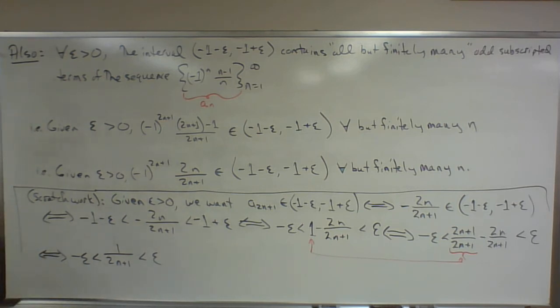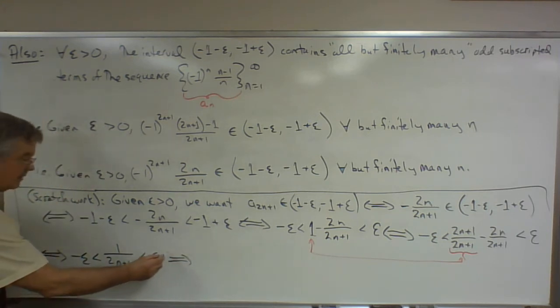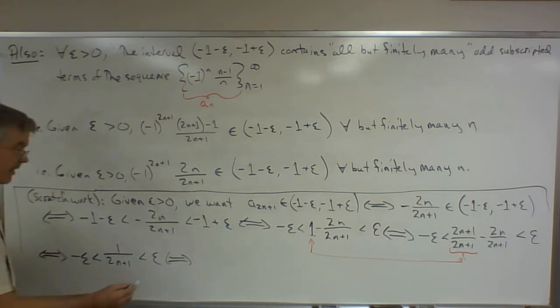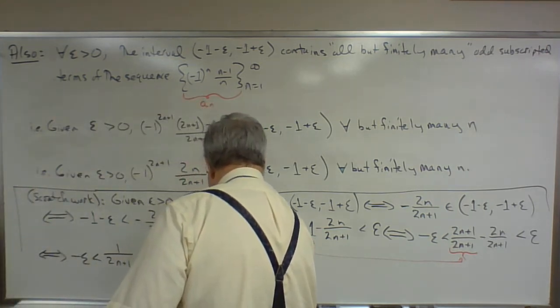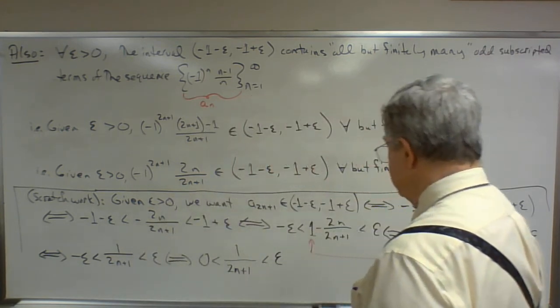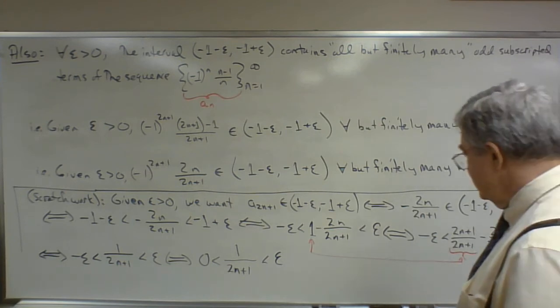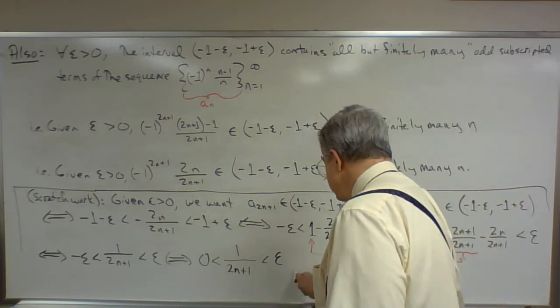And n and epsilon are both positive. So essentially that's going to mean that 1 over 2n plus 1 is greater than 0, and that's less than epsilon. Now, what does that say about n, or 2n?